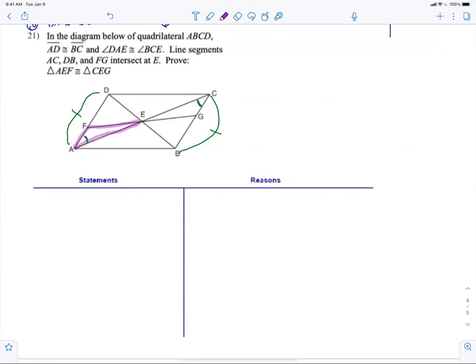This triangle obviously is going to be... It says that it's a quadrilateral, right? Now, a quadrilateral is different than a parallelogram. And it also says BCE is going to be DAE. So we already have one of those.